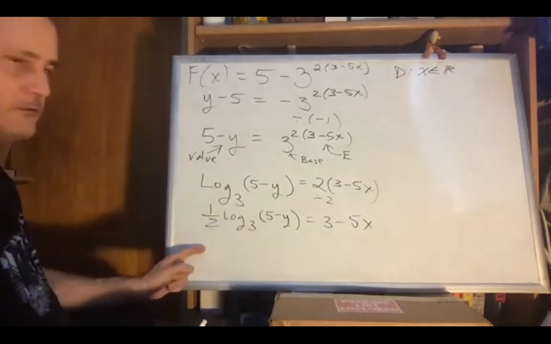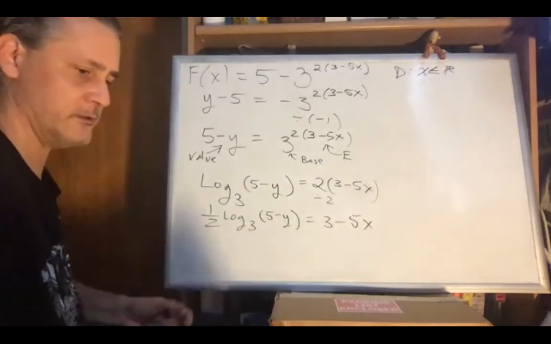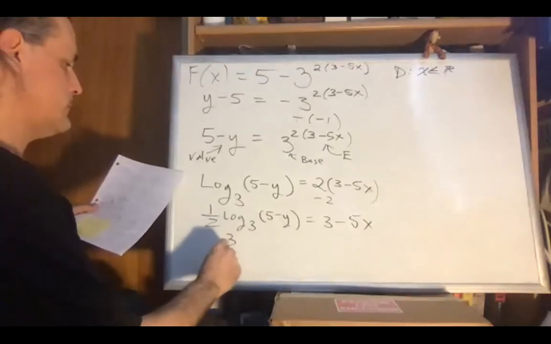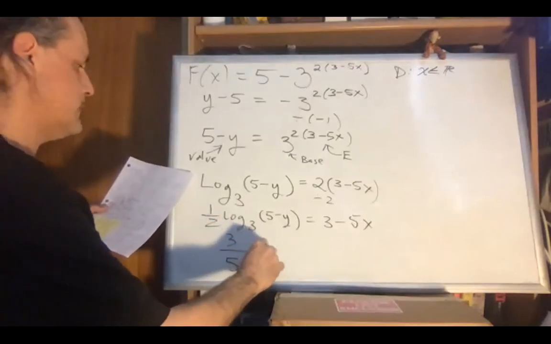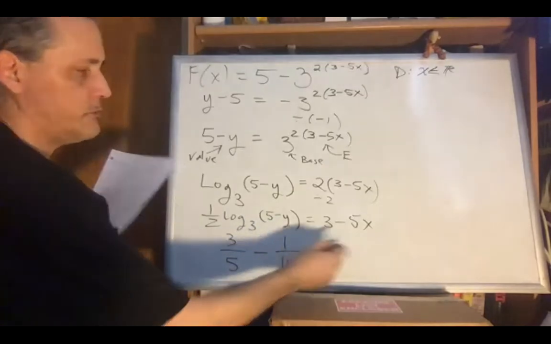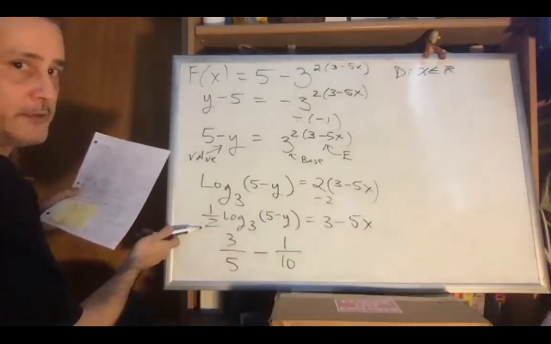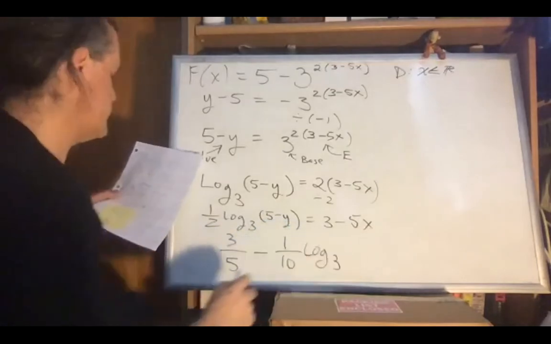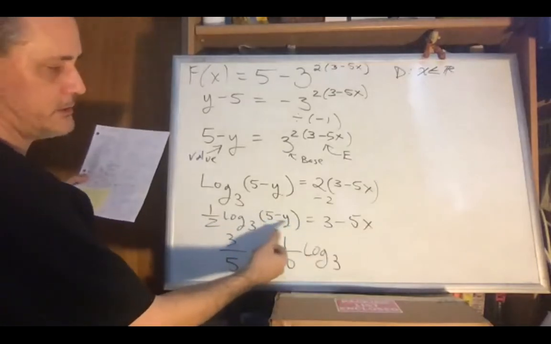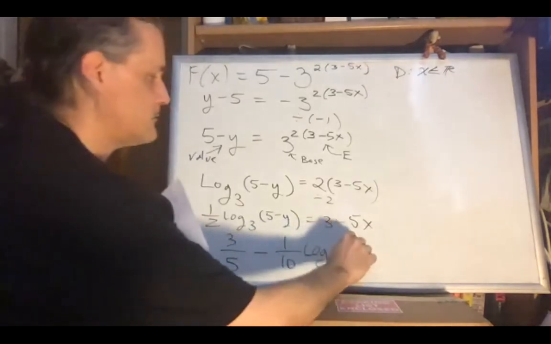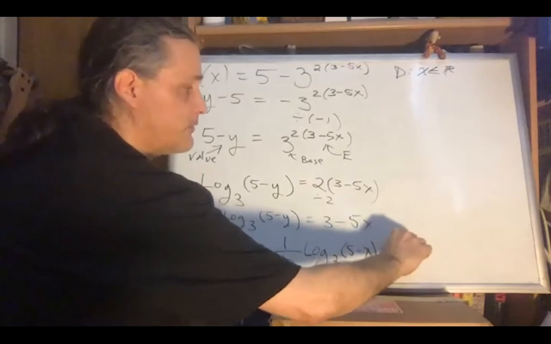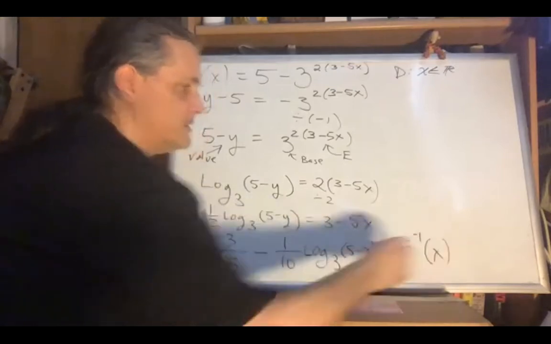Okay, so I don't have much room here, so I'm gonna kind of do that all at once. So you should wind up with 3/5 minus 1/10, because when you do the 1/5, it's going to be 1/5 times the 1/2 log base 3, and then this is where I'm going to change the variable to the x. Okay, and that's our function's inverse, so that's why I'm using function inverse notation.